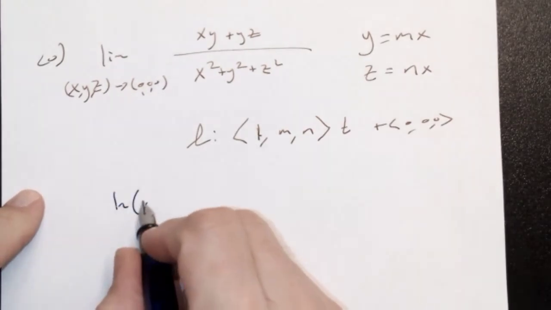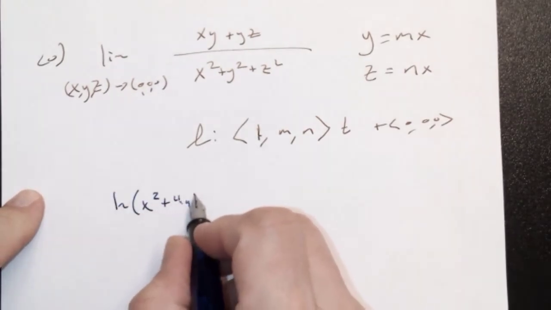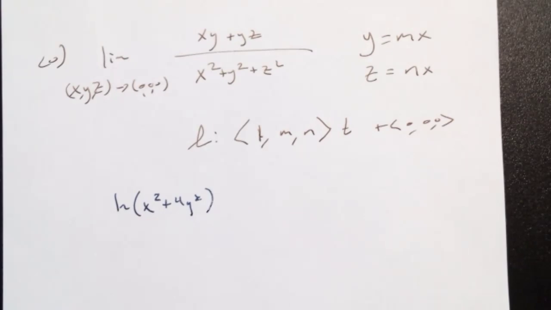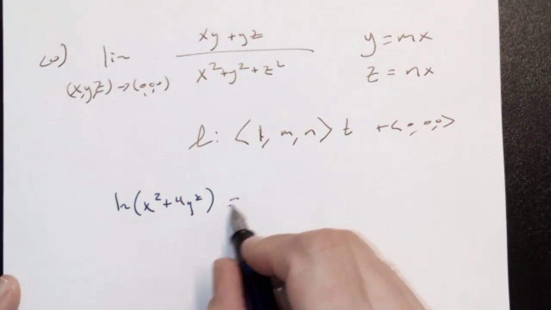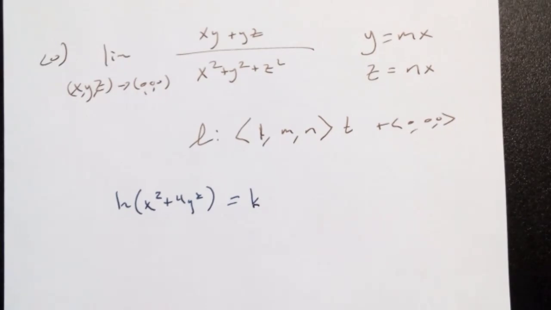ln of x squared plus 4y squared. Now it actually tells me to use this to do a contour map here, right? So that means I'm going to set this equal to some number, k. Right? And k will be a height. Let's get rid of the ln.